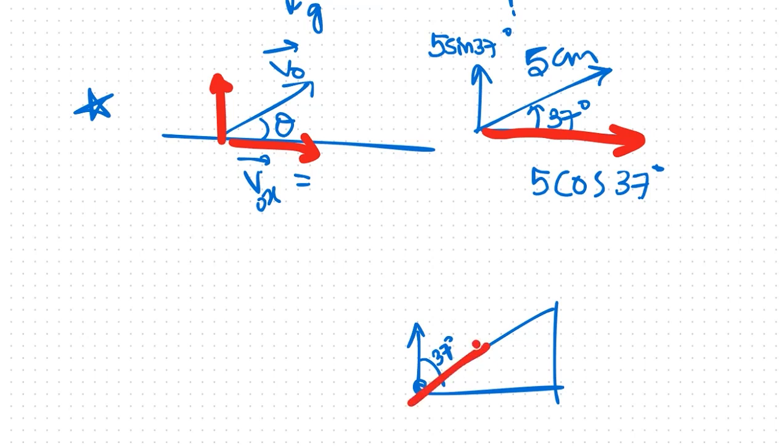If you want the velocity component in this direction, with 5 meter per second velocity, the component of the vector along this direction will be, I'm not talking about the x component, this vector.